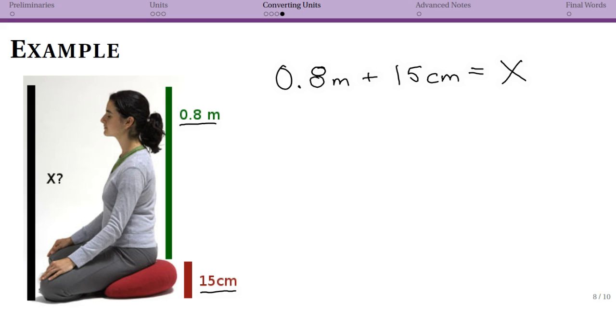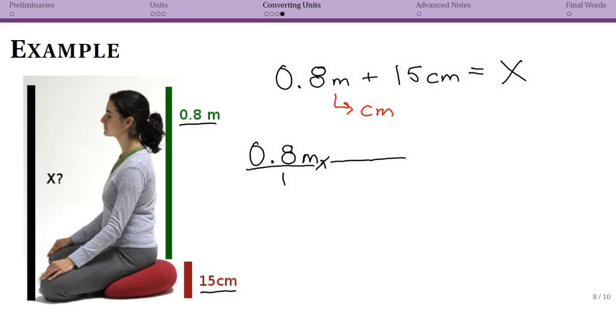Now the choice would be yours as to whether you want to have both numbers in meters or both numbers in centimeters. For this problem, I'm going to convert to centimeters. While this might be something you could do pretty easily, I'm going to do it out explicitly. If I have 0.8 meters and I want to convert it to centimeters, I'm going to multiply it by a number that is equal to 1.